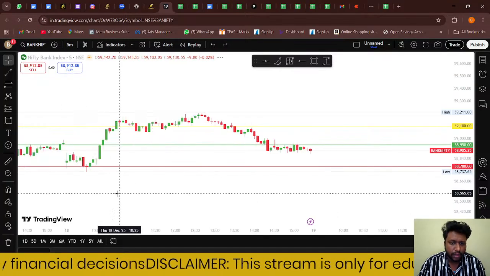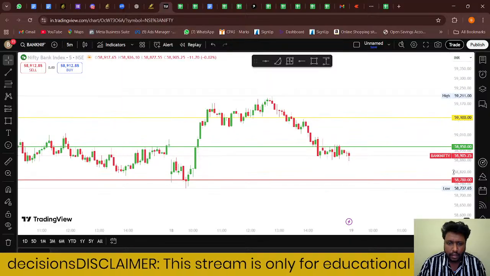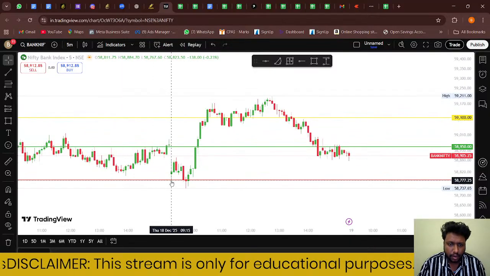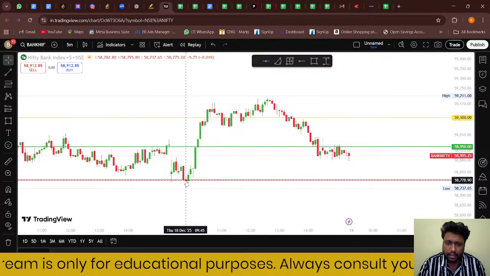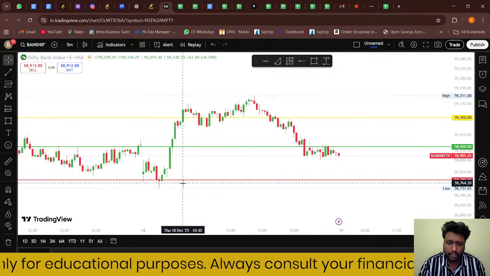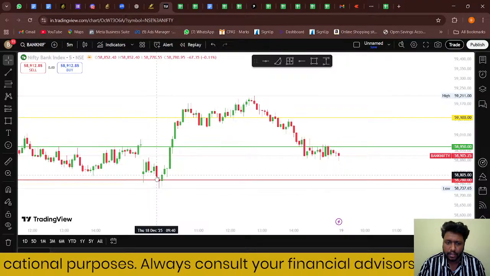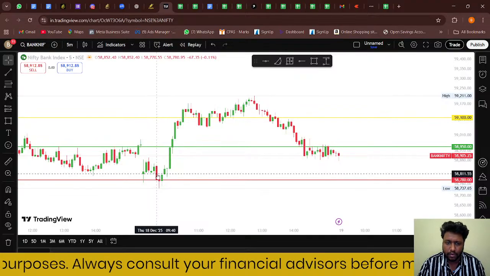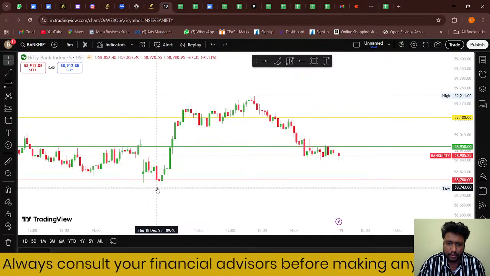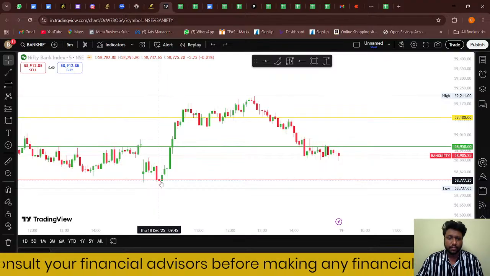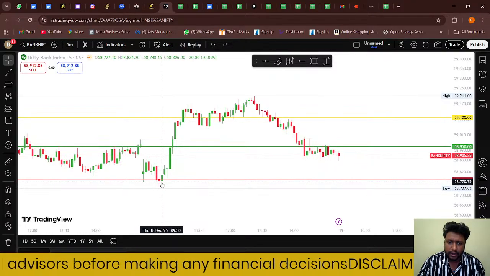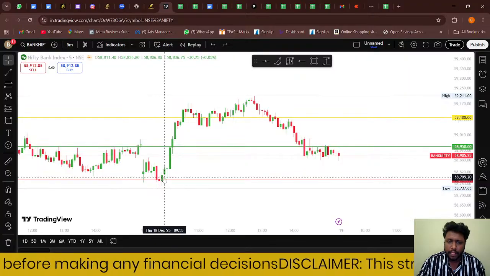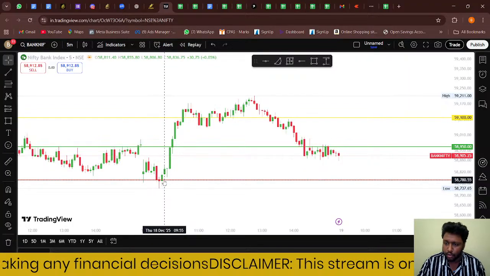If you change it to 5 minute, you can clearly see that it first tested our level over here, then bounced back to a particular point, and again retested that particular level, exactly like Nifty. You can see exactly the same pattern as Nifty in 15 minutes, and it retested at this level and gave a proper bounce back from this level.